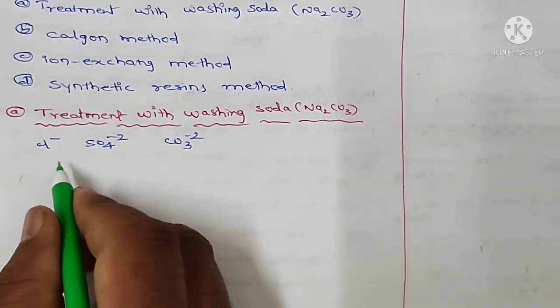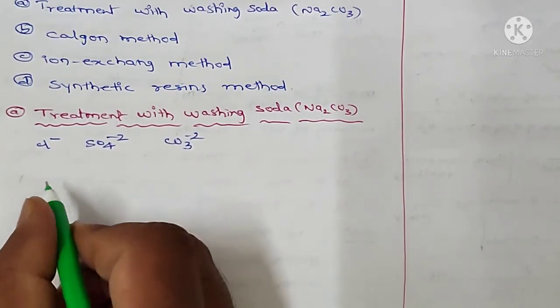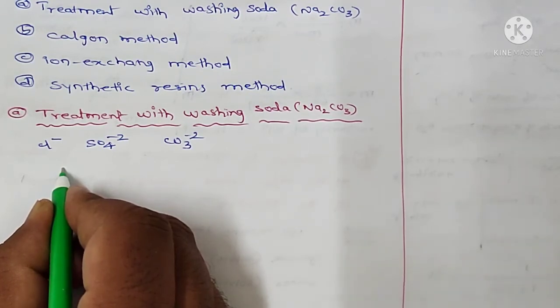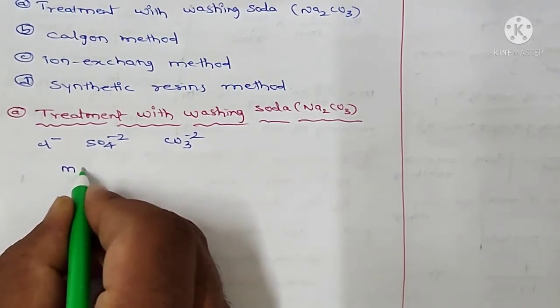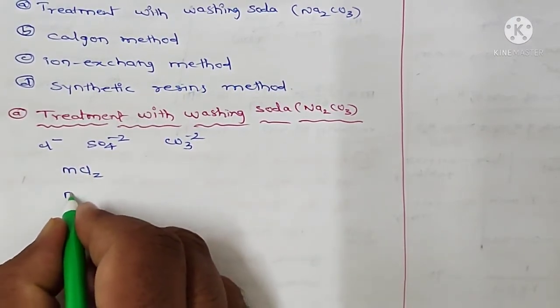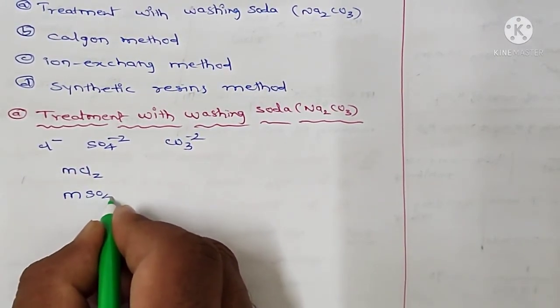Means here I am taking permanent hard water. The permanent hardness is due to the presence of chlorides, sulfates of calcium and magnesium salts. We know that MCl2 and MSO4.